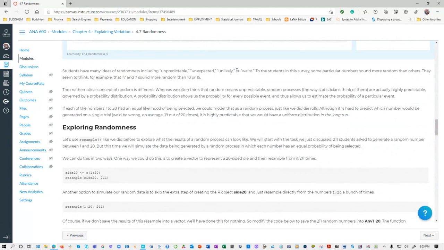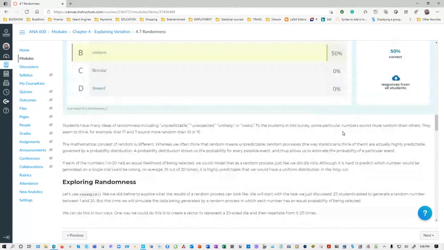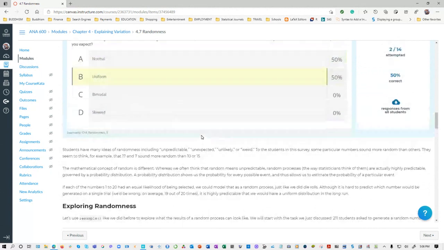They might say it's a weird number, unlikely. To the students in this survey, some particular numbers sound more random than others. They seem to think, for example, that 17 and 7 sound more random than 10 or 15.